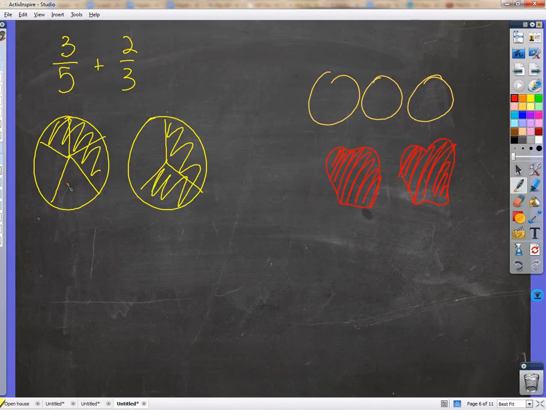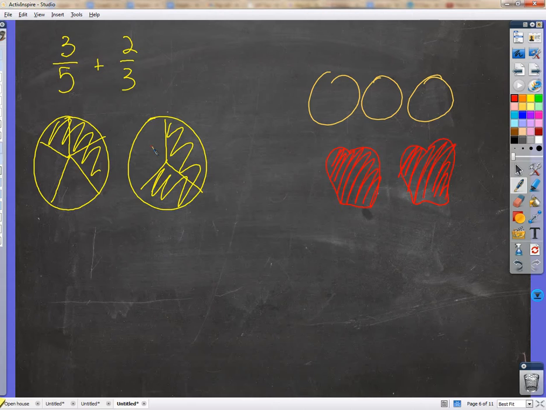Same with 3. We could cut these into 2 each and have a whole cut into 6 pieces. We could go with 9 by cutting them into 3 each, and so on. So we're going to divide this whole into the same number of pieces as this whole, so that they both have the same number of pieces making up the whole, and we can compare the two together.